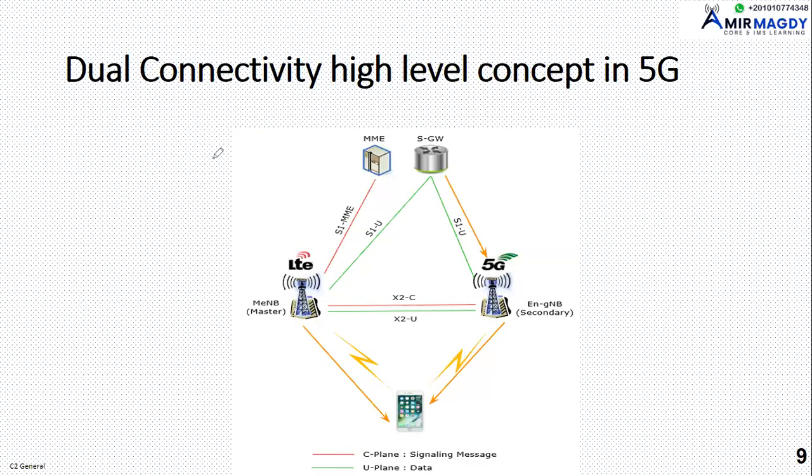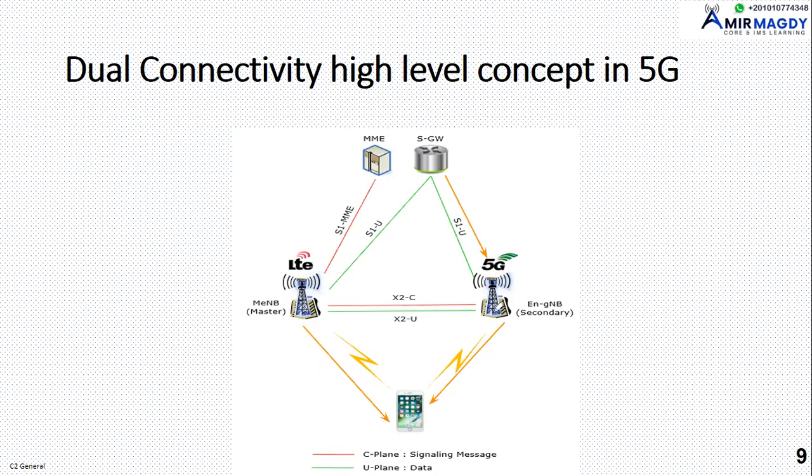Now, a very famous example of this 5G non-standalone dual connectivity: if you, as a user, are streaming an ultra-high definition video, the traffic of this video, which needs a very high bandwidth, will go to which RAN?